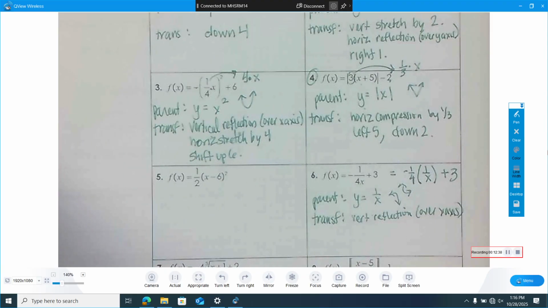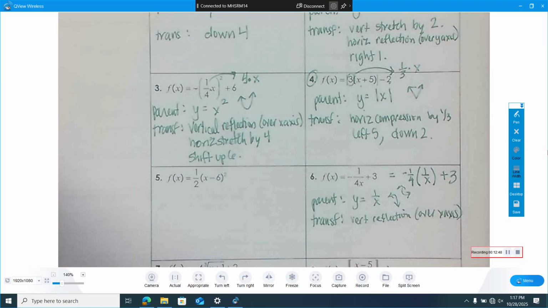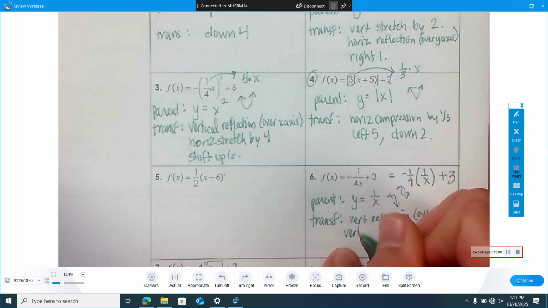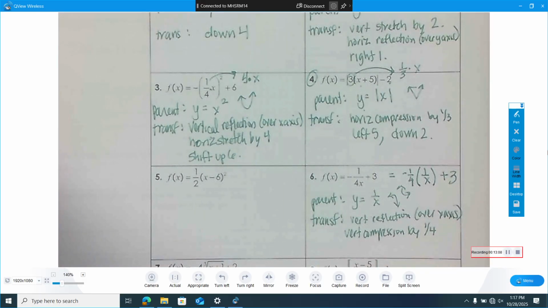Is it affecting things vertically or horizontally? Vertical, yep, it's on the outside of the function, so that's going to affect the y values. And what does it do to those y values? Yep, it's multiplying them by 1/4, so it's taking those y values and it's going to shrink them. All right, so this is a vertical compression by a factor of 1/4, or by 1/4. Vertical compression by a factor of 1/4, and then you can do up 3.